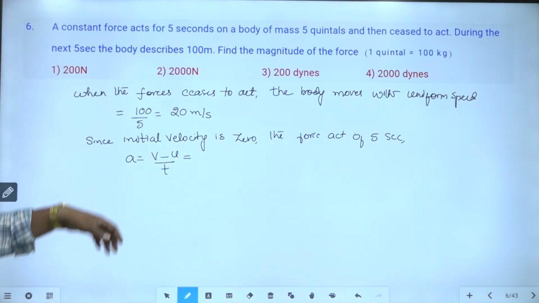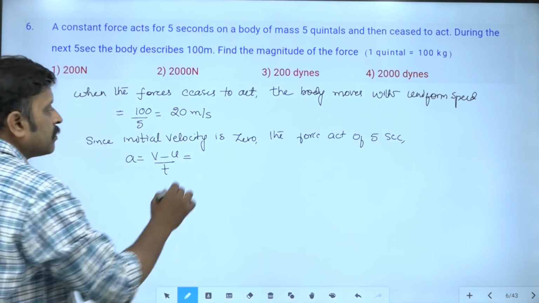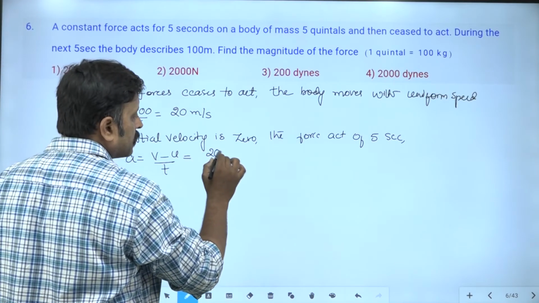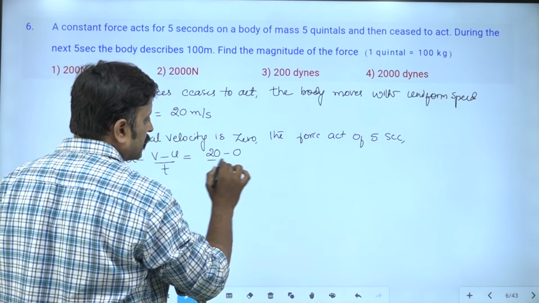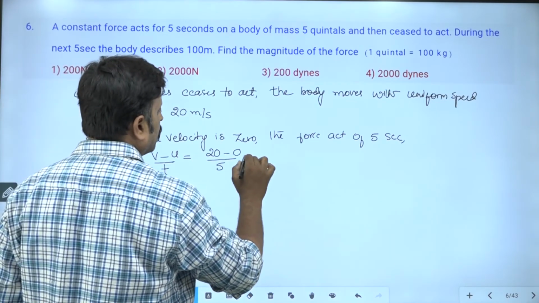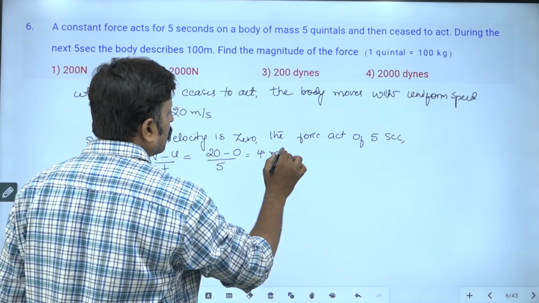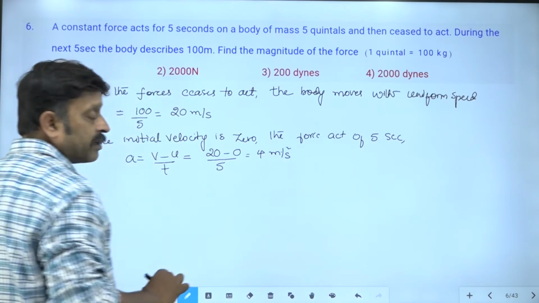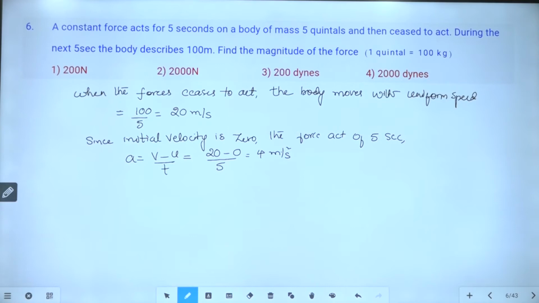Final velocity, how much did we get? 20, minus initial velocity, as it is starting from rest, 0, and my time is 5. So 20 by 5 is 4 meter per second square, which is the acceleration of the body.